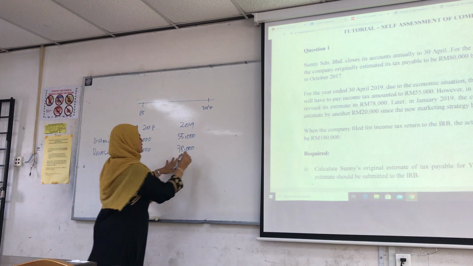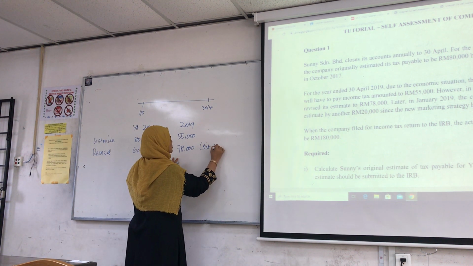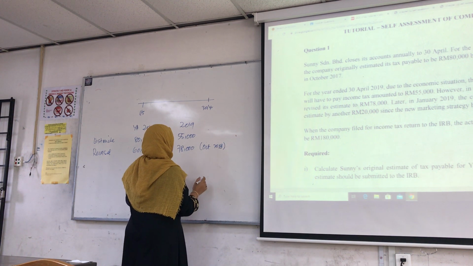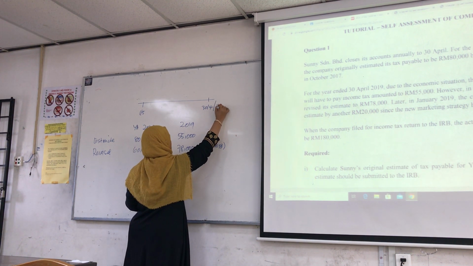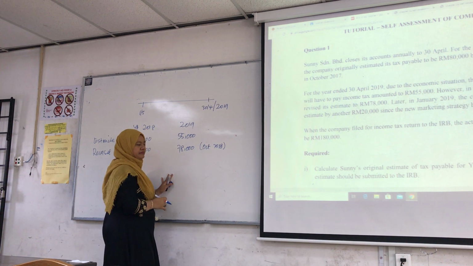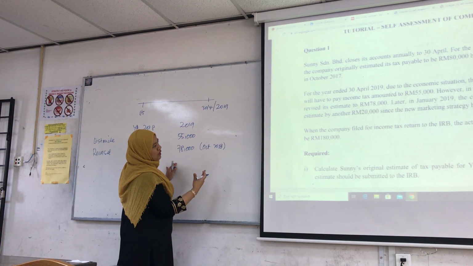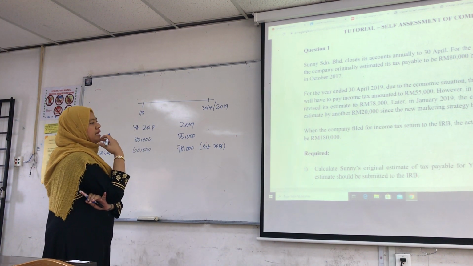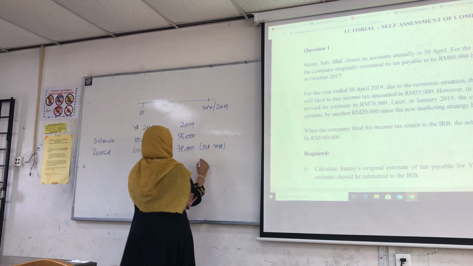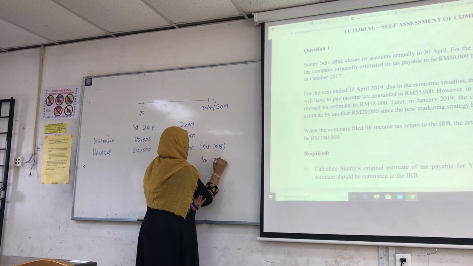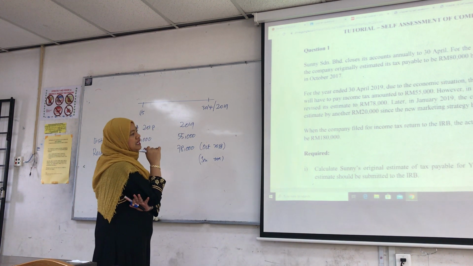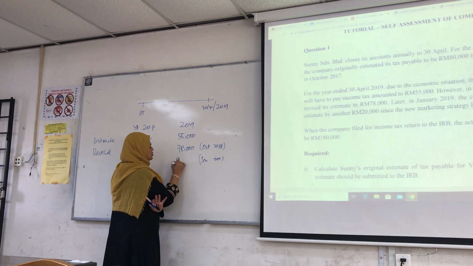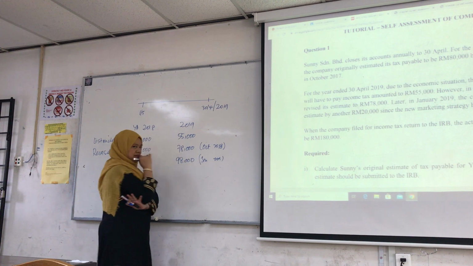So you're looking at year end 2019 now. Then you revise one more time later in January 2019, increase by another 20,000. Increase means that now it is revised to 98,000.